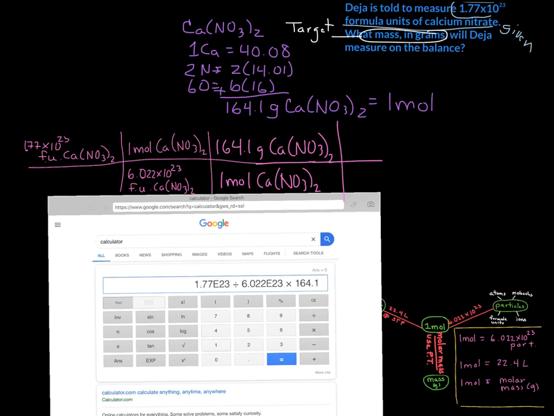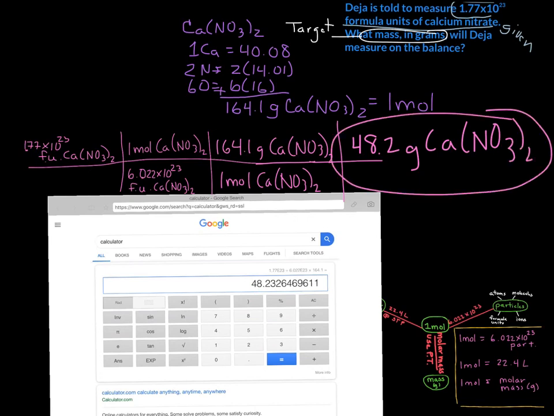So this is the calculator answer. And again, we look at our significant figures that we have, and we can keep 3 sig figs. So we're going to keep 48.2. And that's what we will report. 48.2 grams of calcium nitrate. We'll keep practicing in class. Have a great evening.